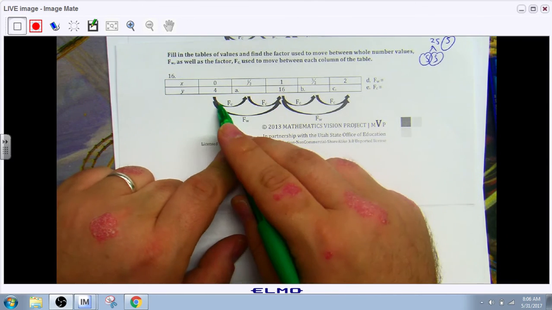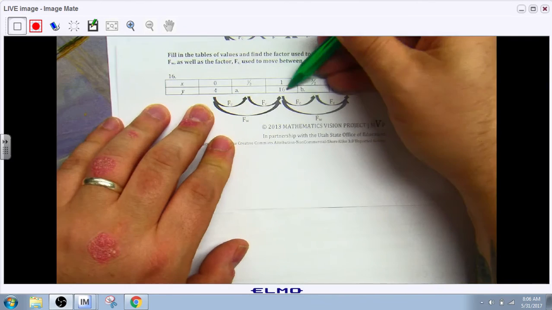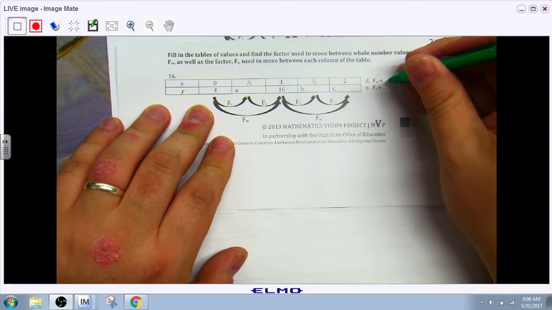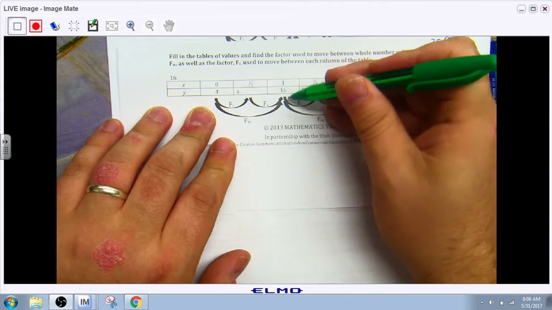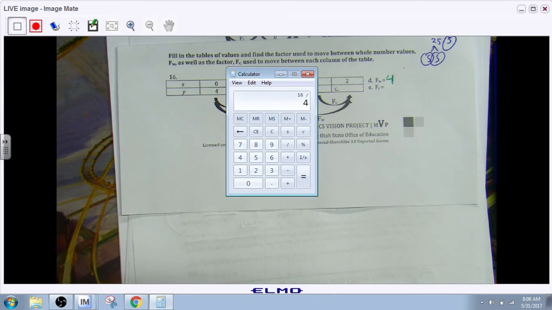So to move from here to here and here, okay, so we're multiplying. So 4 times what is 16? We know that that's going to be 4. 16 times 4 would be what, 64? Whoops. 16 times 4. Yeah, 64.